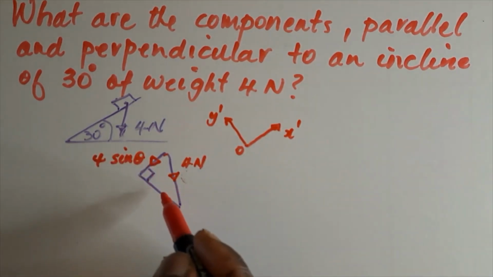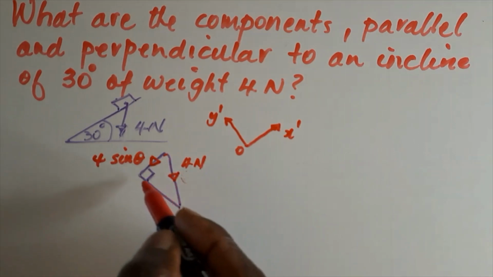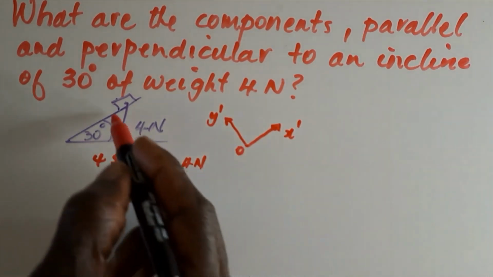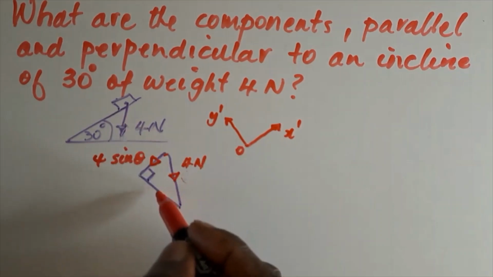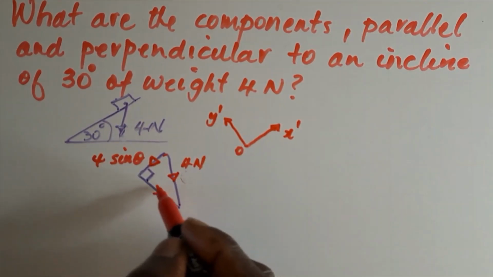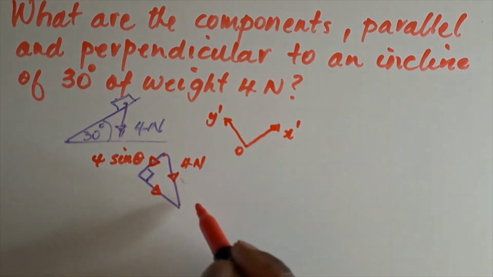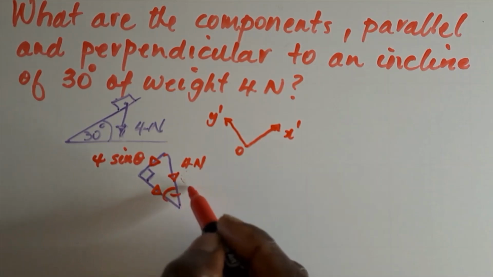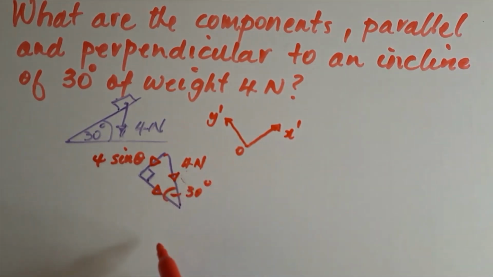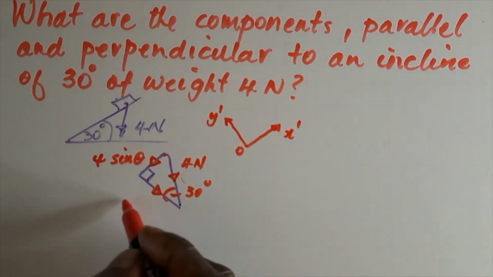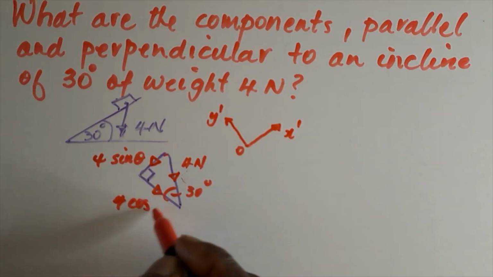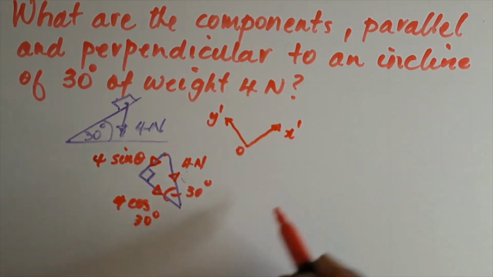And we can also resolve perpendicular to the slope, which is what we're asked to do, and we'll have this acting downwards. Remember, this is 30 degrees, and this is 4 cosine 30 degrees.